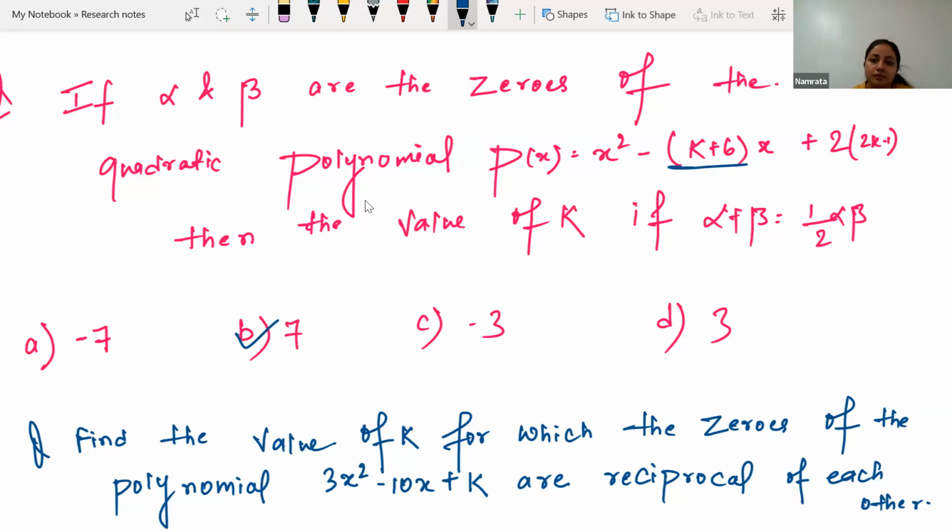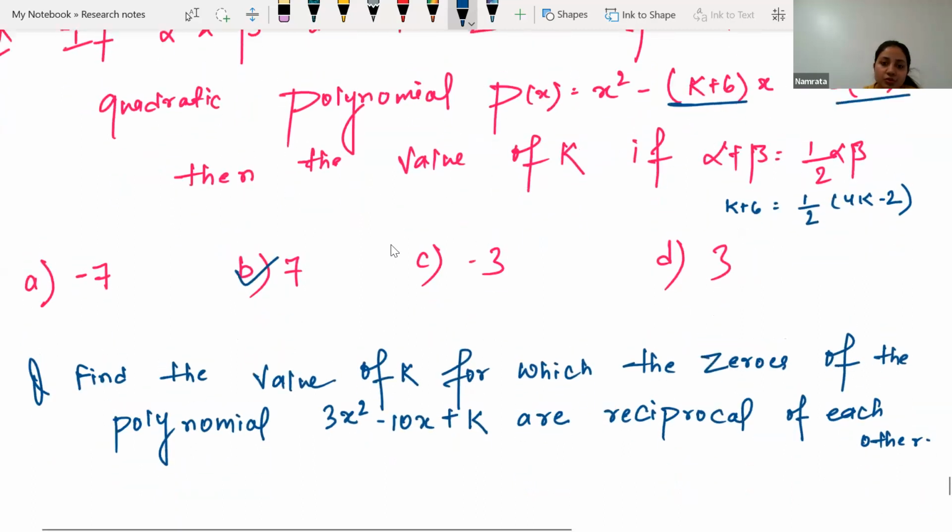When you remove the bracket for c, it's going to be 4k − 2. And it's already given that alpha plus beta equals half alpha beta. So k + 6 equals half of (4k − 2), and then you solved it and got the value, right? Yes, perfect. This is how we are supposed to do this question.